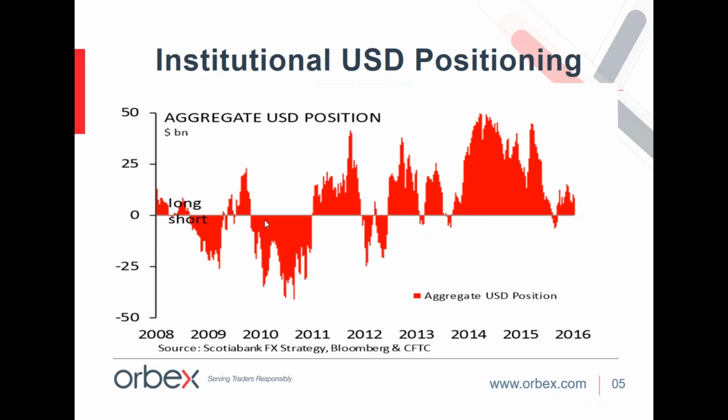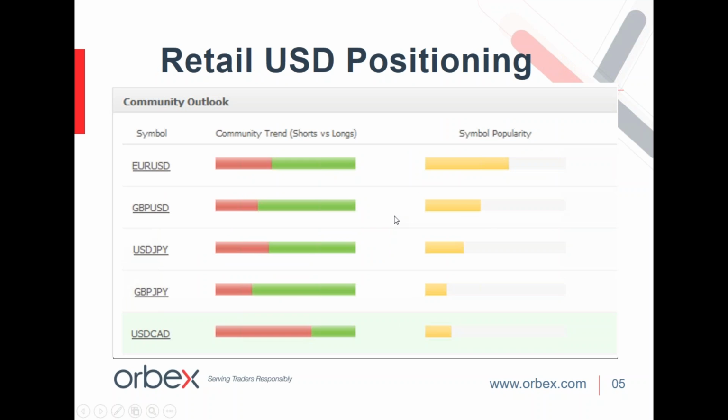Now, aside from just looking at the institutional data, we can also take a look at what the retail market are suggesting ahead of this meeting. So, if we look at retail positioning then, as shown by MyFX book, which tracks a broad range of live retail trading accounts, you can see that traders are mostly US dollar short heading into this meeting.